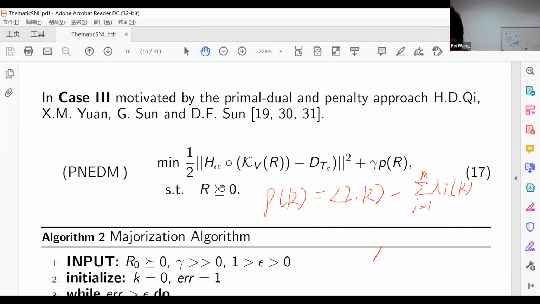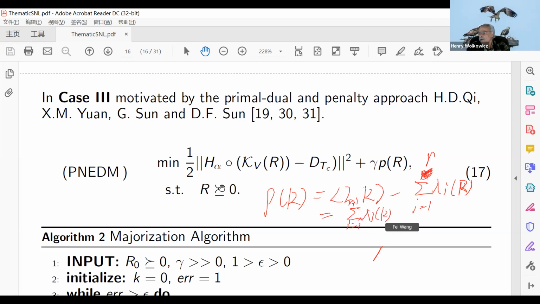This is not M, this is actually R. Lambda i is the ith eigenvalue, and this is the trace of R, so it's the sum of all the eigenvalues minus the sum of the first r eigenvalues. It's the nuclear norm, and you're taking the opposite of the nuclear norm.